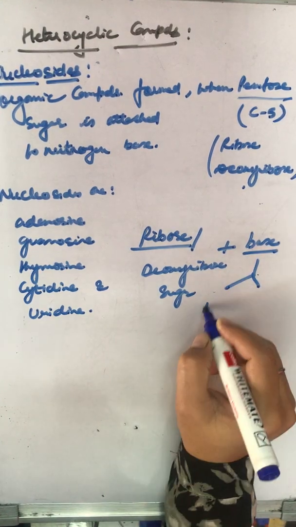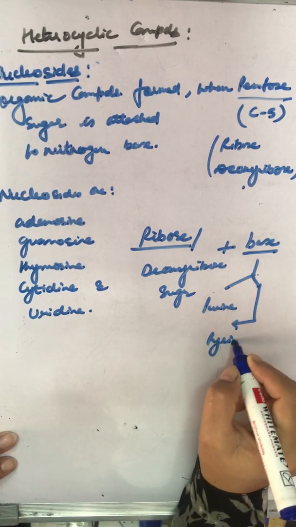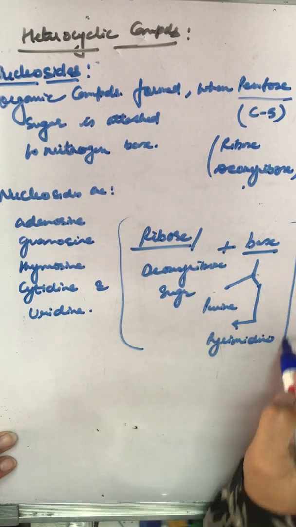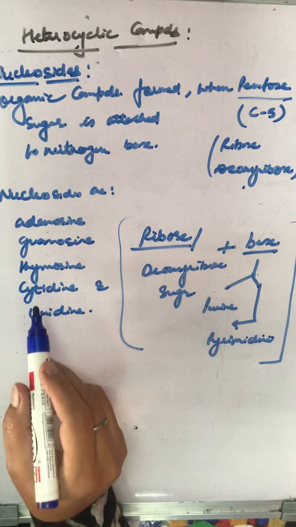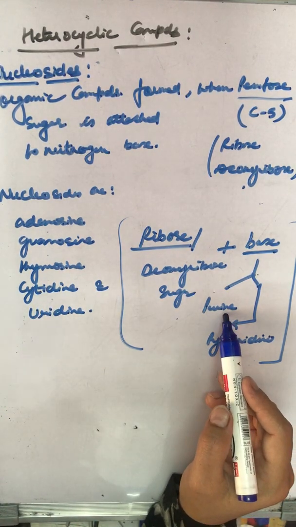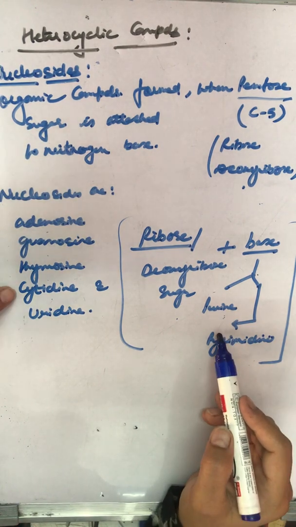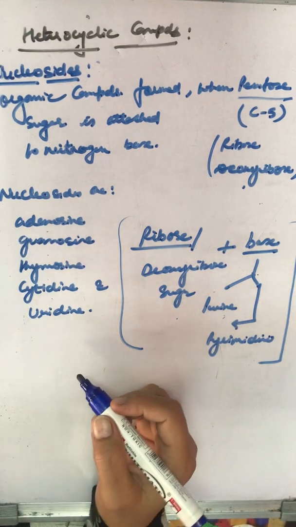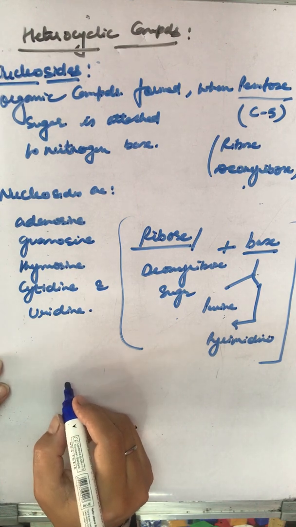The base can be a purine and the base can be a pyrimidine. Alright, this combination is nucleoside. And adenosine, guanosine, thymosin, cytidine, uridine are the examples if the bases are adenine, guanine, thymine, cytosine as well as uracil.